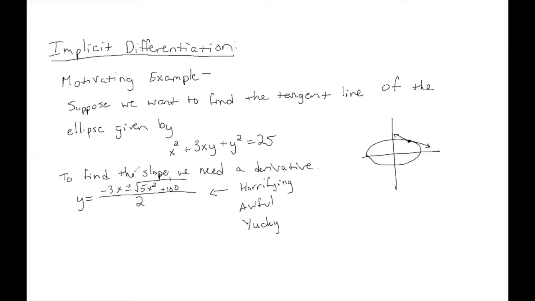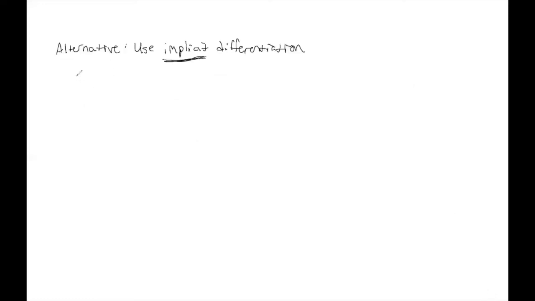We can definitely find the derivative of each of these, the plus and the minus part. But it's easier if we just look at y as y of x, or f of x. So what do I mean by that?